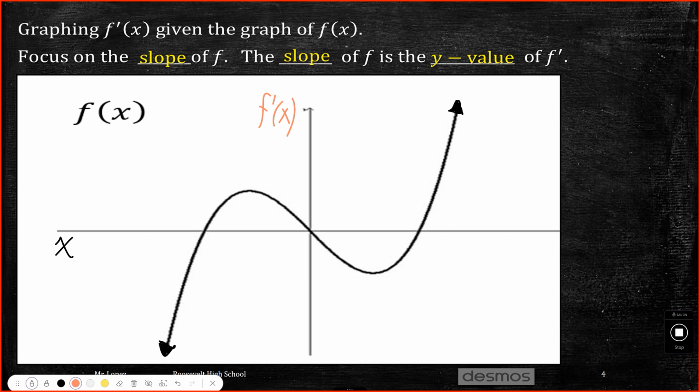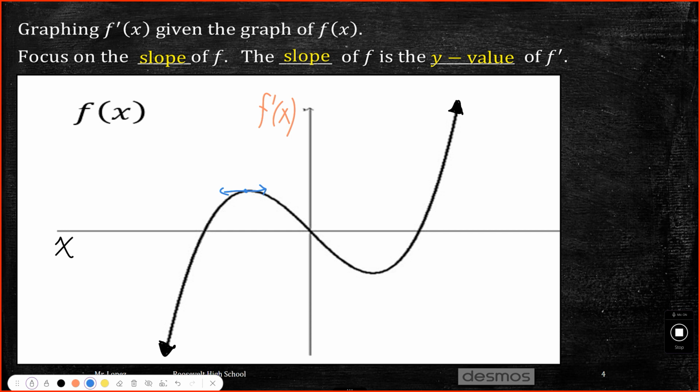So here's the connection. For f, at this point, what slope is there? 0.